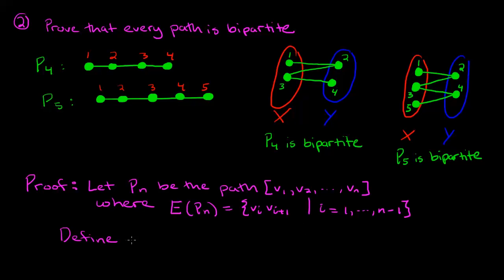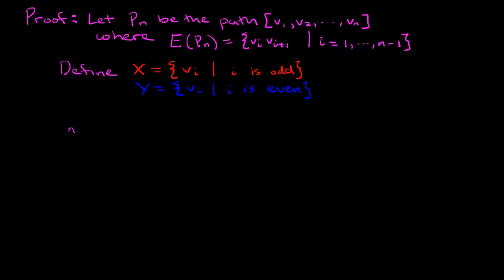Define the set X to be the set of all vertices Vi where the subscript i is odd, and similarly the set Y to be all the vertices Vi where the subscript i is even. When n is odd, our path looks like this, with vertices V1, V2, V3, V4, up to Vn minus 1 and Vn.